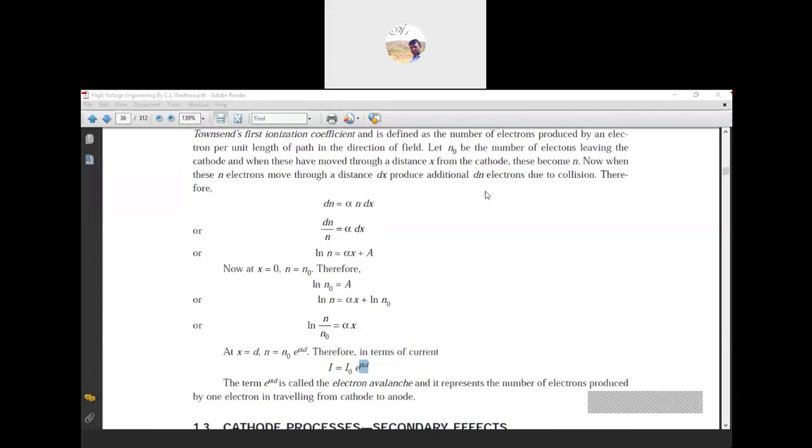The term e power of alpha d is called the electron avalanche.